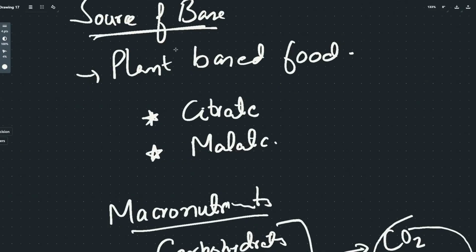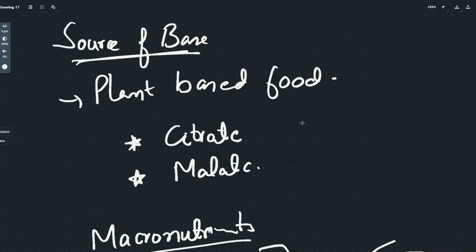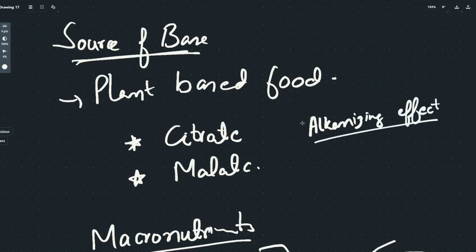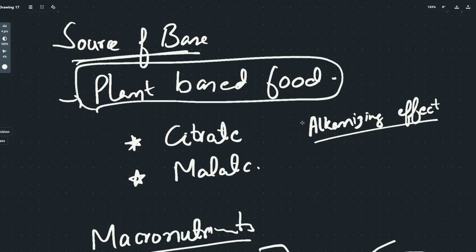But why am I saying that some plant based food has what we call an alkalizing effect? The reason is that although they also produce acid, that is volatile acid that is easily taken care of by the lungs. But if we talk about the non-volatile acid, the fixed acid, then plant-based food produces a net more fixed base as compared to fixed acid.